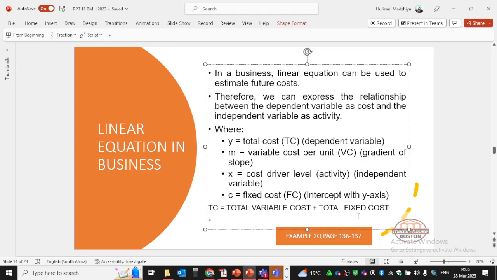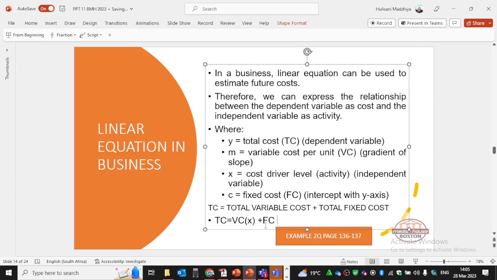So the full expression for this becomes TC equals VC open brackets X plus FC. This becomes an equation or formula used to estimate future cost.